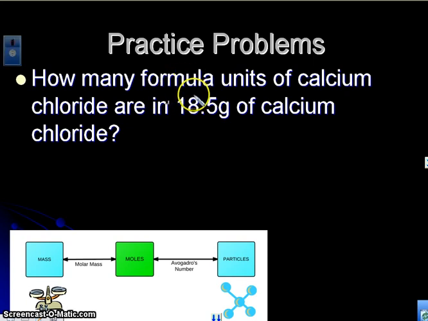Remember that a molecule implies that a compound has covalent bonding, and of course ionic compounds don't have that type of bonding. So we need to use a different term for that, even though it's really similar when you think about it in terms of the formula. This says, how many formula units of calcium chloride, that's an ionic compound, are in 18.5 grams of calcium chloride?